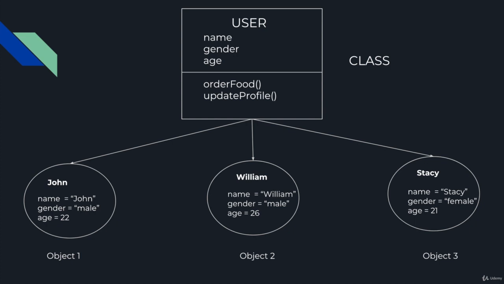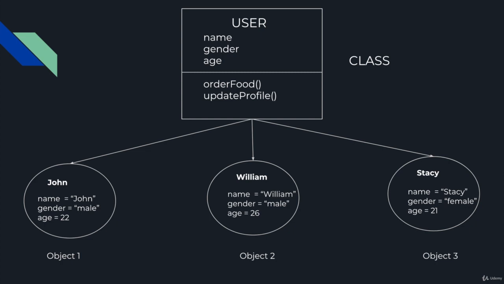You can see that the user class has defined the states and the behavior that its object can have. The user class has the state name, gender and age, and the objects that are created using the user class have these three states defined in them. The objects of the user class can exhibit two behaviors, which is order food and update profile.